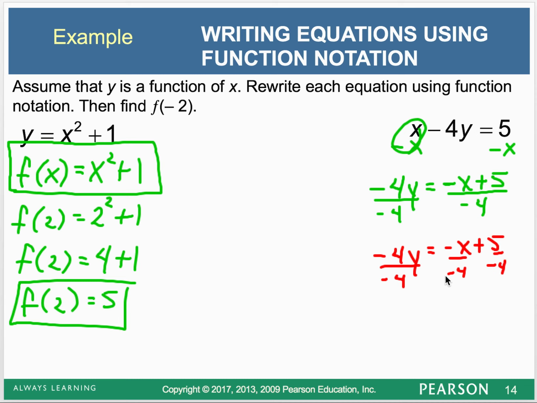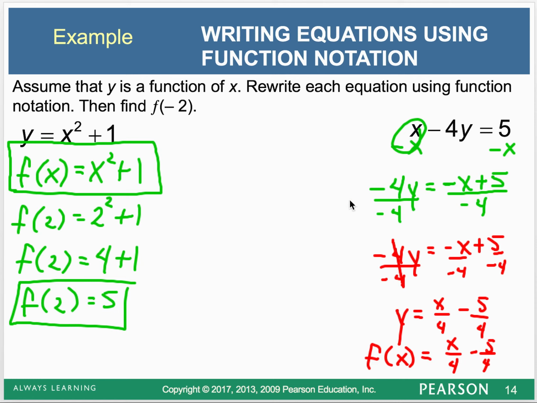Now, this one will simplify and give you y equals positive x over 4 and a negative 5/4. That's fine if you prefer that. And then you replace it: f of x equals x over 4 minus 5/4.